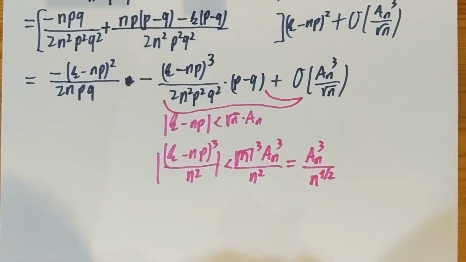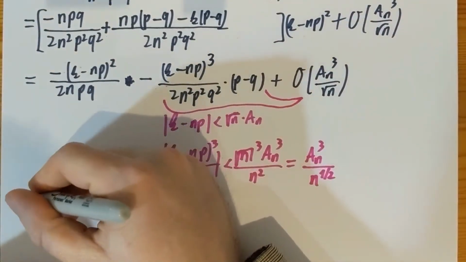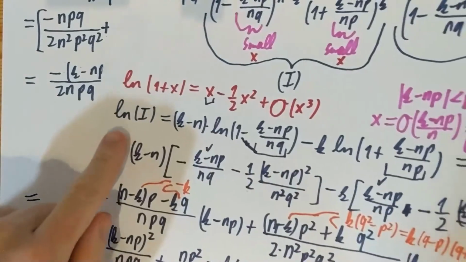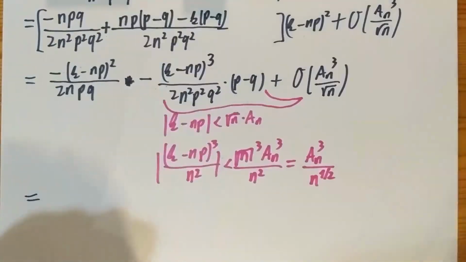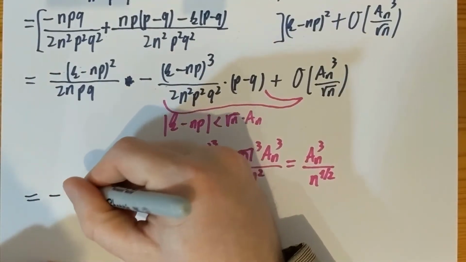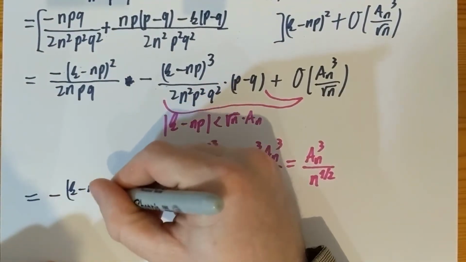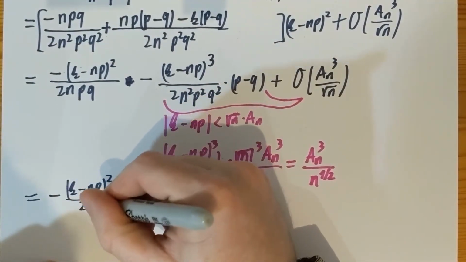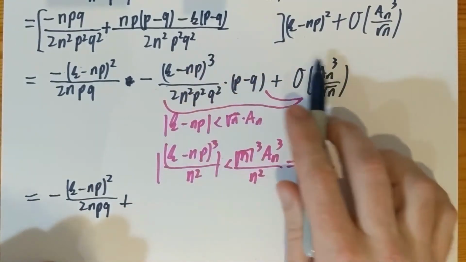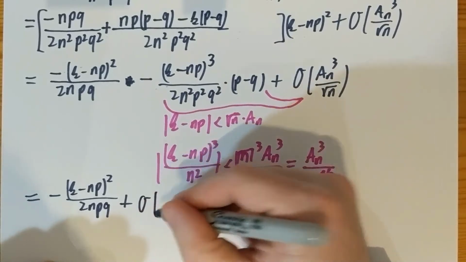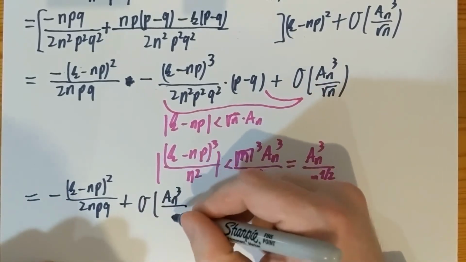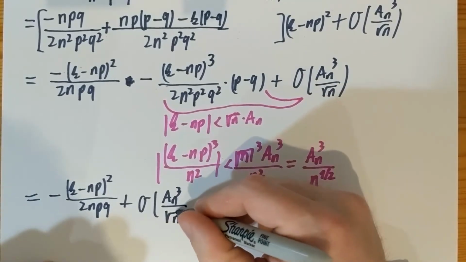So together I conclude that the log of 1, remember we're doing the log of 1 with all this calculation, is actually minus of k minus np square over 2npq, and the second term is collapsed into the error, so big O of an cube over root n.